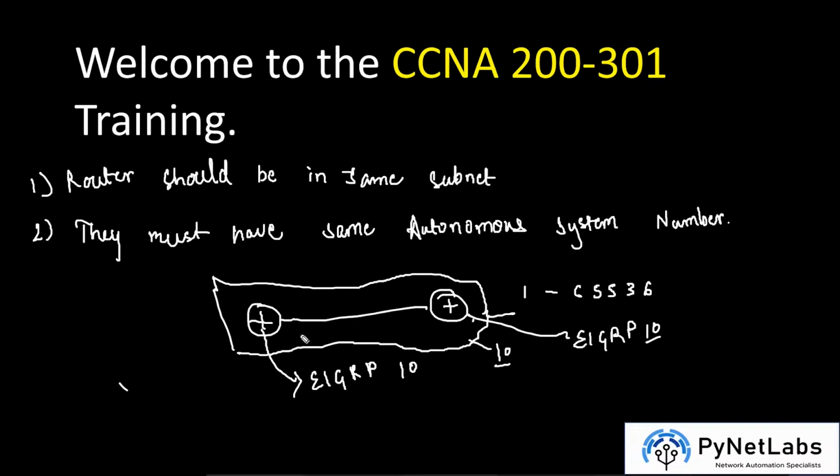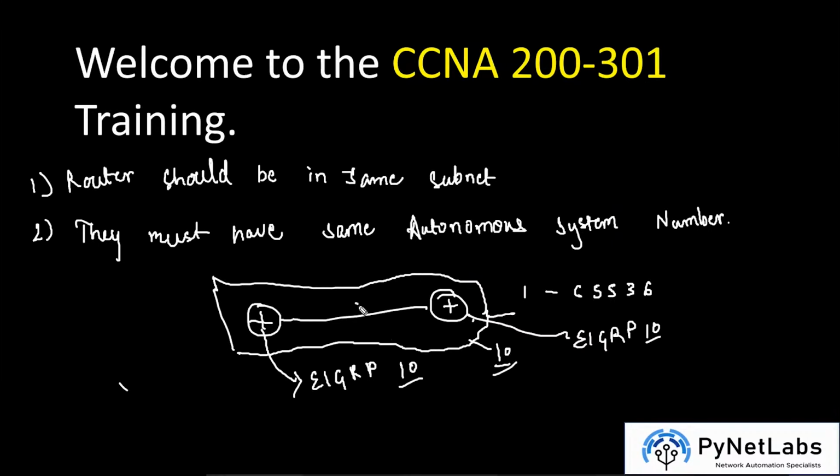The routers or devices you are configuring this protocol on should be in the same autonomous system. You'll be able to understand this more once we do the practical. In order to do that, you have to use the same number on the devices.